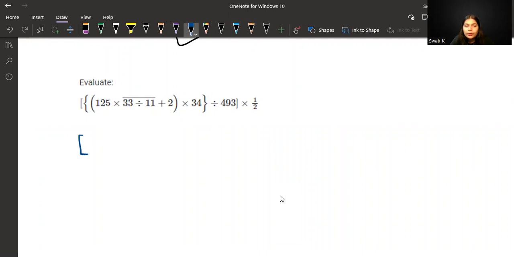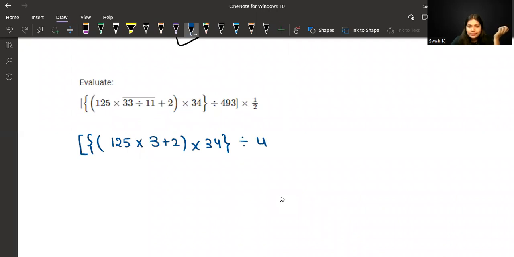We have to solve the smaller bracket first. So write down the rest as it is. In the smaller bracket, we have 125 times. Of course, we have to solve the bar bracket first. So 33 divided by 11, it's very simple. It is 3. And then plus 2, and then the bracket, and then the rest of the question as it is. Rest numbers as it is.